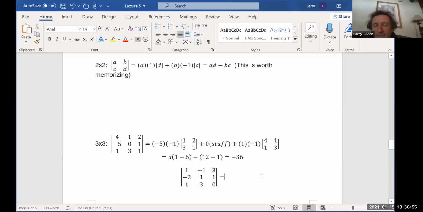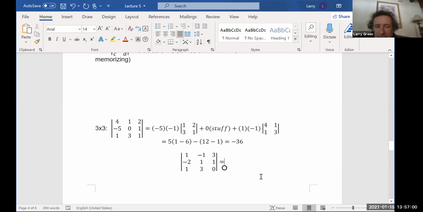All right, let's see if you can find the determinant of the matrix 1, negative 1, 3, negative 2, 1, 1, 1, 3, 0. It shouldn't take more than a couple minutes, but I think it's worth it to practice while we're doing this. And if we were in a face-to-face class setting, I'd have you do the same thing. The difference is I'd be walking around looking at your work and helping you. Now I can just answer questions that you post on the chat or ask.